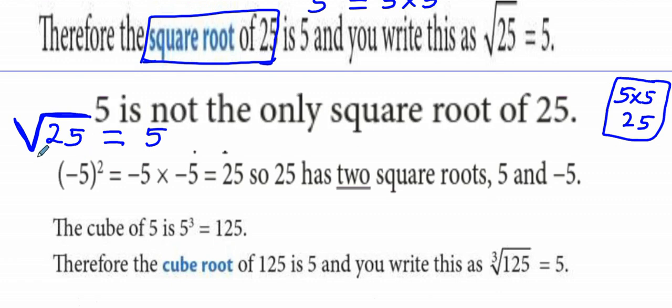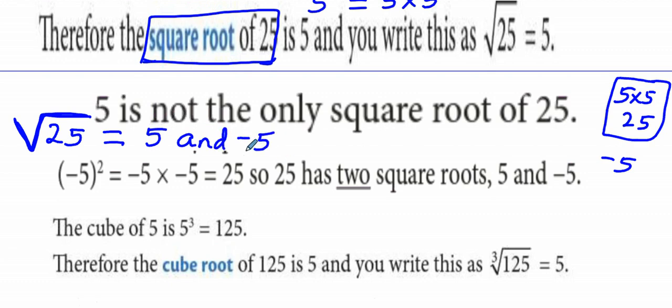But is it true that the square root of 25 is only equal to 5? Is it true that we don't have any other number which when multiplied by itself gives you 25? Yes, we do have that number, and that number is negative 5. So the square root of 25 is equal to 5 and also negative 5.